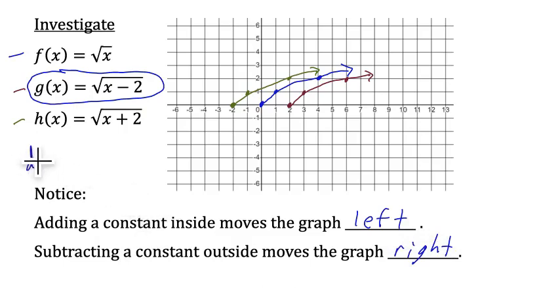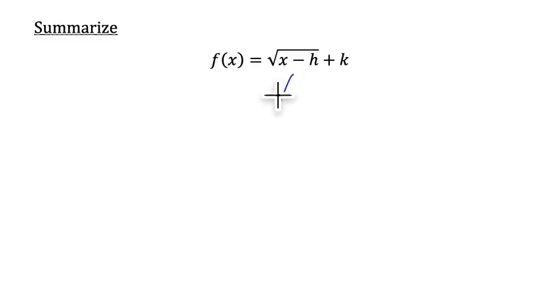Now you can always go to desmos.com and use their graphing calculator to look at more examples like these. All right, so to summarize, inside the square root sign, when it's positive, that moves the graph left. When it's negative, that moves the graph right.